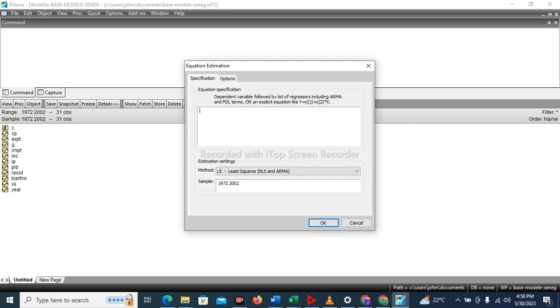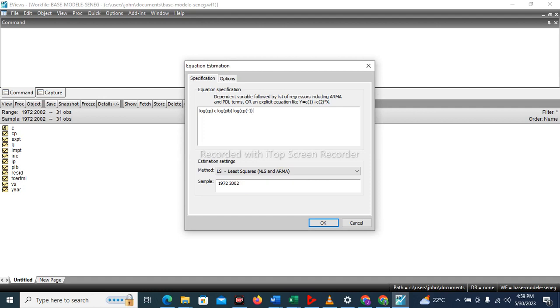Remember, our equation was a function of gross domestic product and a lagged variable of itself. So we are going to write it in log form: log CP, then C, then log PIB, then log CP(-1).